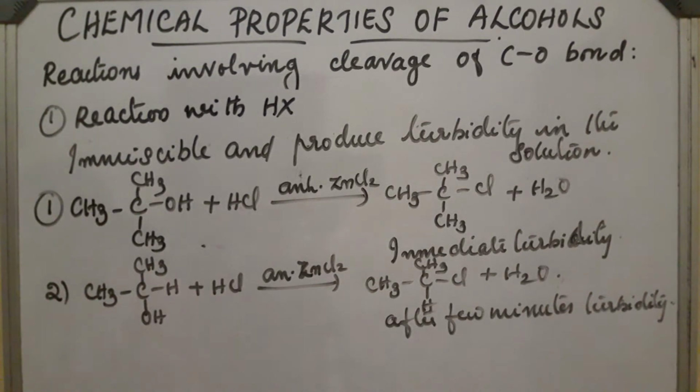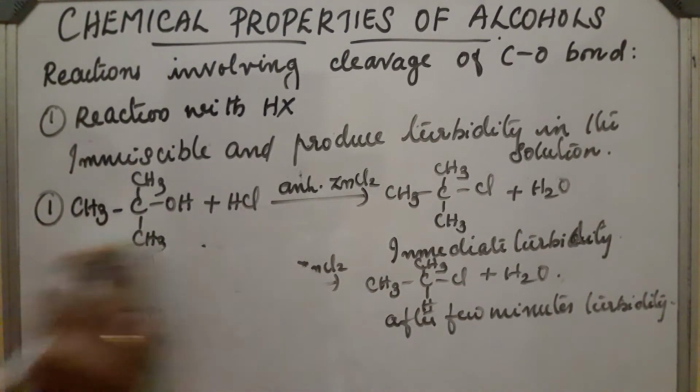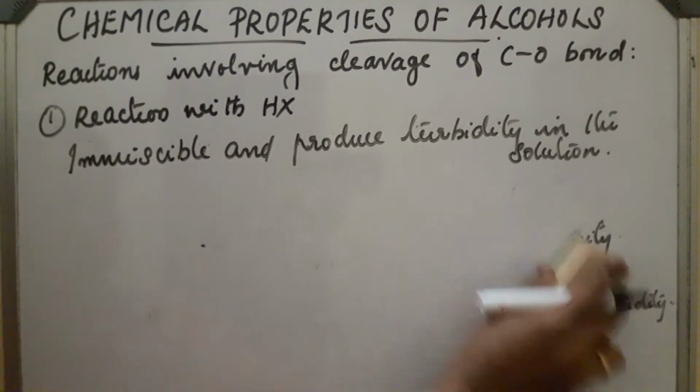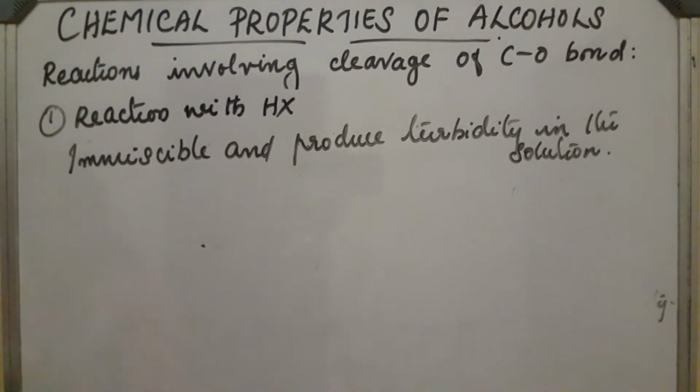Now what about primary alcohol? A primary alcohol does not give turbidity at room temperature. In the case of tertiary, turbidity appears immediately at room temperature, and in the case of secondary, only after a few minutes.